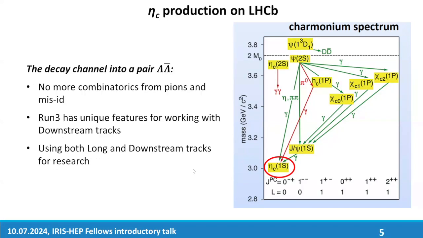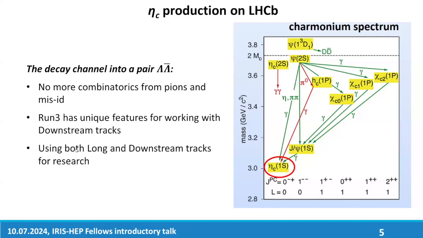One way to solve this is just to change the channel and choose one with long-lived particles, for example, lambda anti-lambda, because they don't have such a big background from the pions and this mis-ID. So now it's possible to reconstruct downstream tracks, and since lambda baryons are long-lived, this will improve the efficiency of their detection.